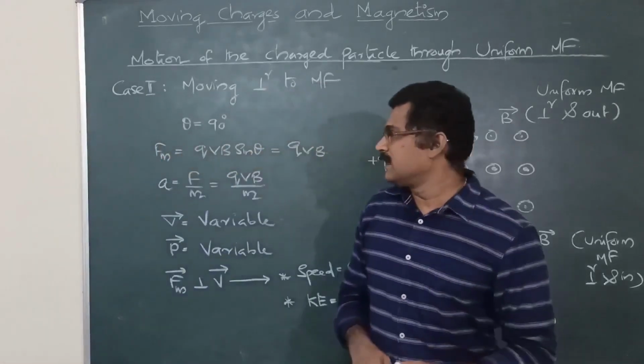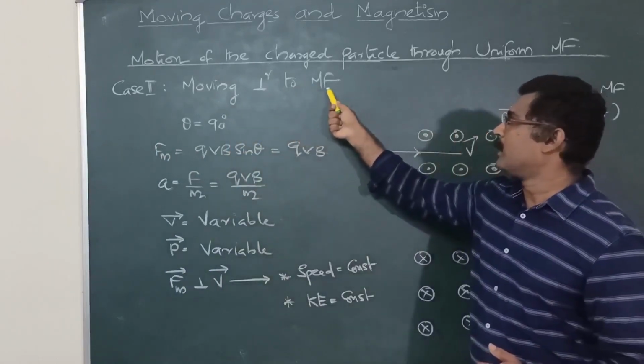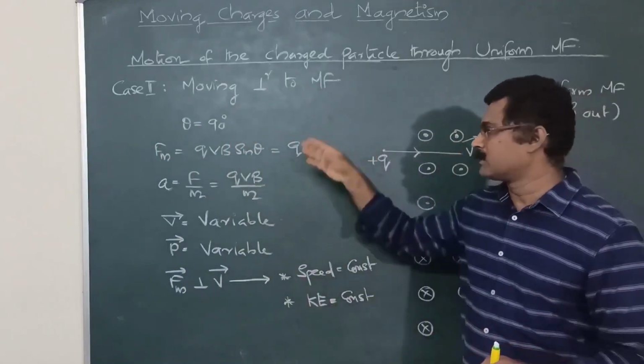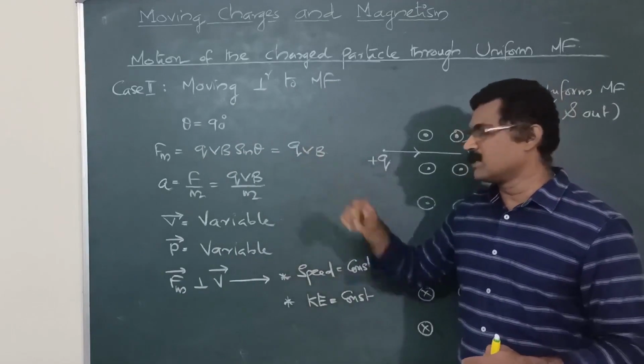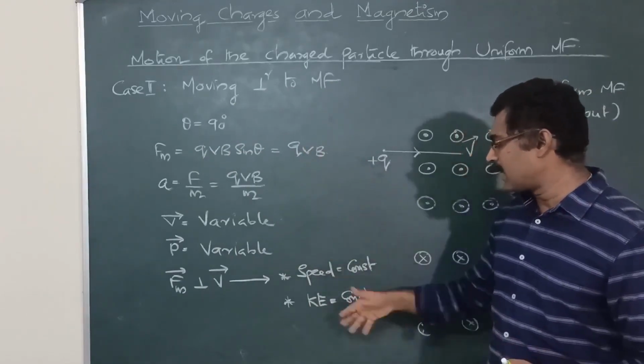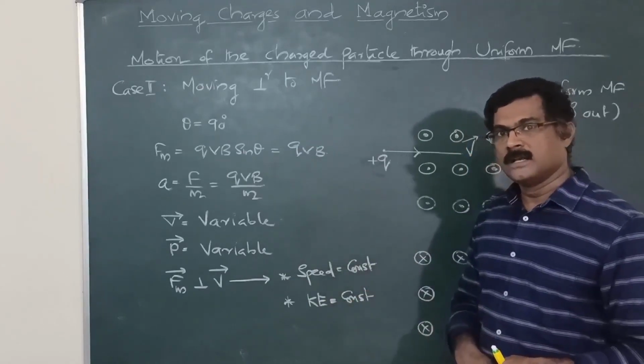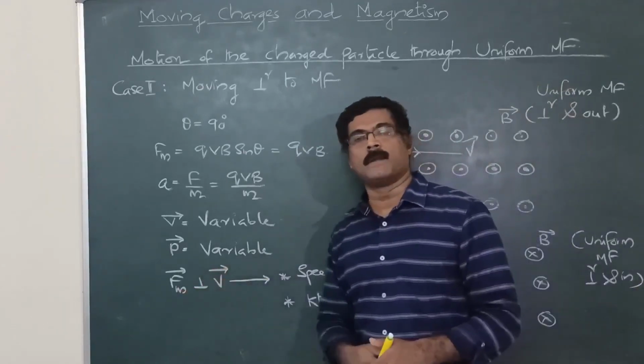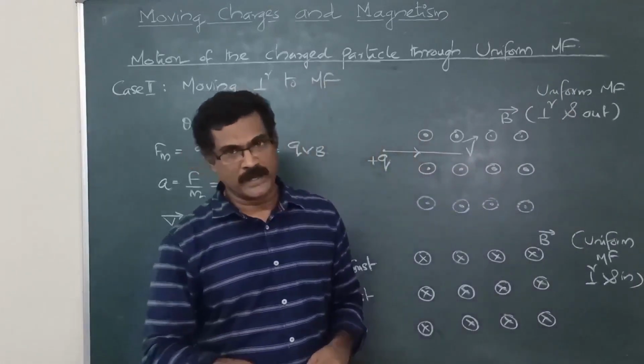So when the charged particle is moving perpendicular to the magnetic field, it experiences force, acceleration is there, velocity and momentum are variable, speed and kinetic energy are constant because the magnetic Lorentz force is perpendicular to the velocity vector.